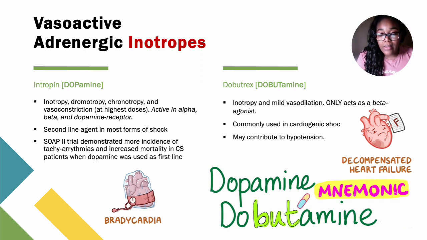If you get those confused, just look at dobutamine as dope, but it only be beta agonist. Again, dobutamine and dopamine are chemically similar, but dobutamine only acts on your beta receptors and specifically that beta 1 receptor. And it's normally used in cardiogenic shock. Sometimes it can contribute to hypotension as well. We normally use this as a better treatment for those that have decompensated heart failure.